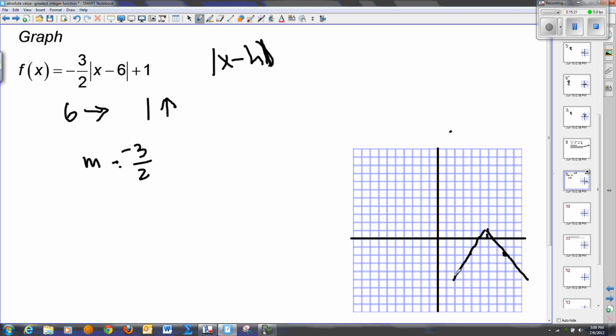So what I've done, without actually picking any points, just working with this pattern notation, and again, this is down 3 and over 2, I get my graph of the absolute value. Now, what is this point? That's what we want to know. Well, if I count, this was 6, 7, 8, 9 over, and 2 down.